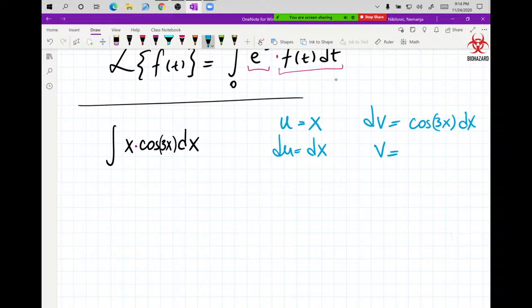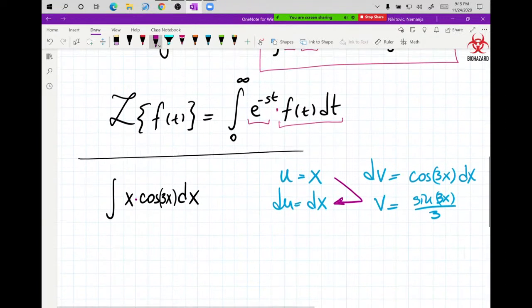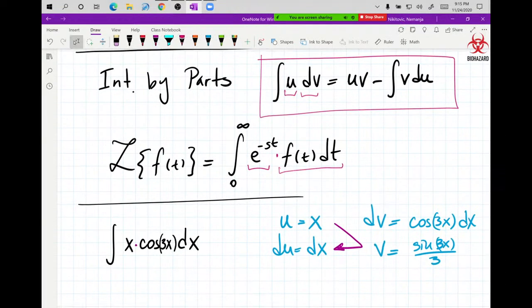So now you find du by differentiation, and v by integration. The integral of cosine 3x is sine 3x, except it will be divided by 3 now. And we don't have to put plus c here because there will be a plus c in the entire problem later on. Now, I like to put this arrow, and you will see me put this arrow every time, because this arrow literally shows me the formula up there.